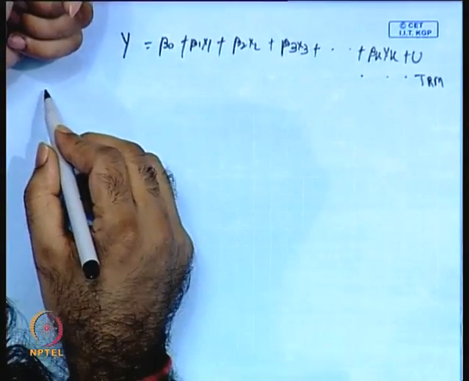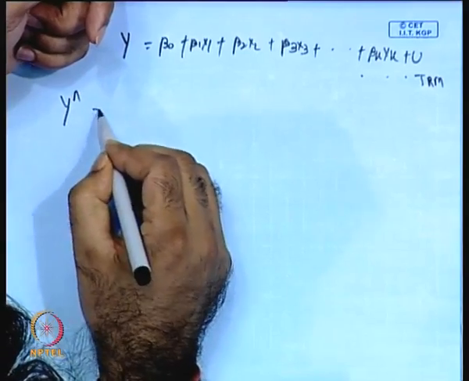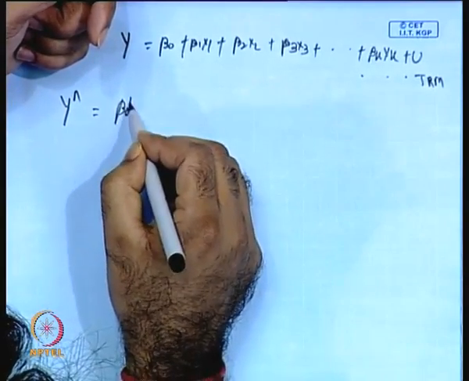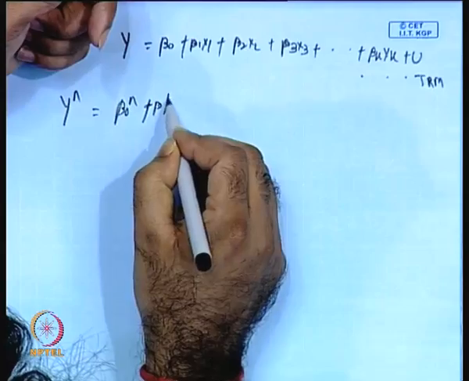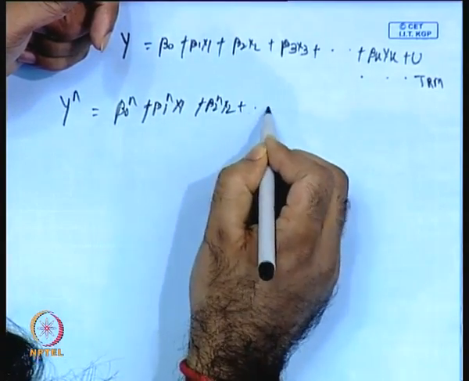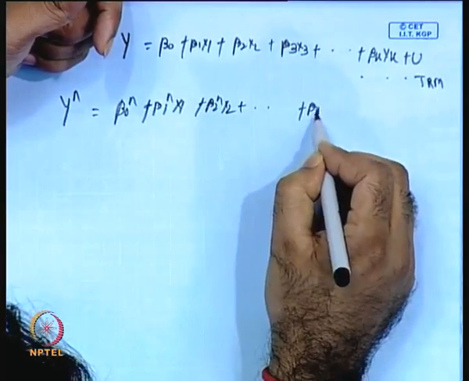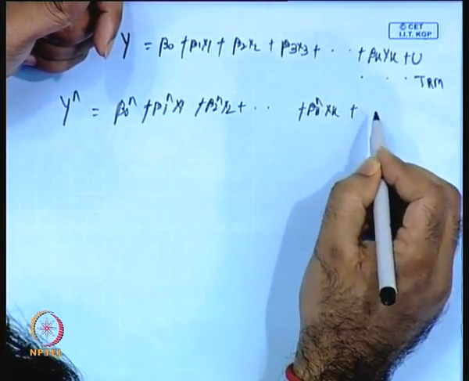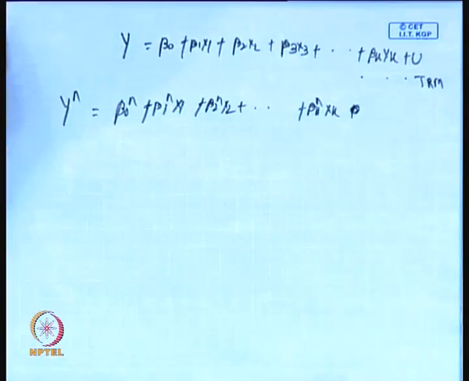So let us assume that the estimated model will be y head equal to beta 0 head plus beta 1 head x1 plus beta 2 head x2 plus up to beta k head xk. This is the estimated regression model.